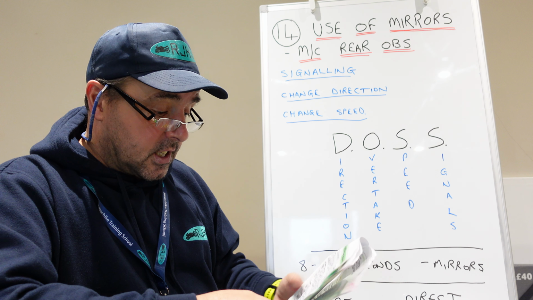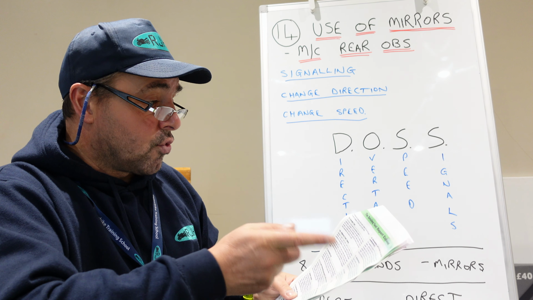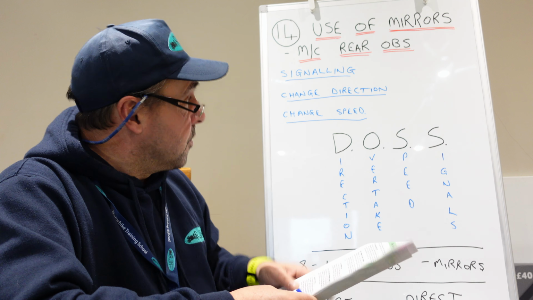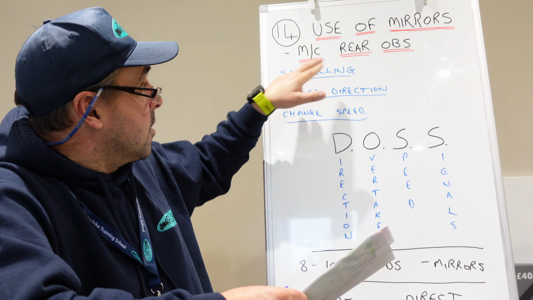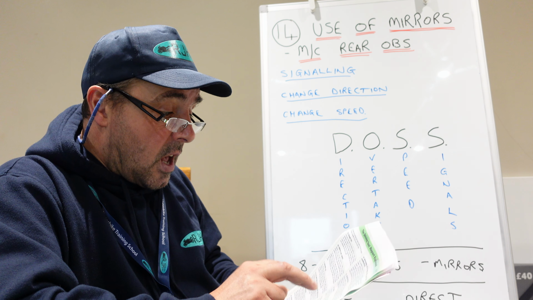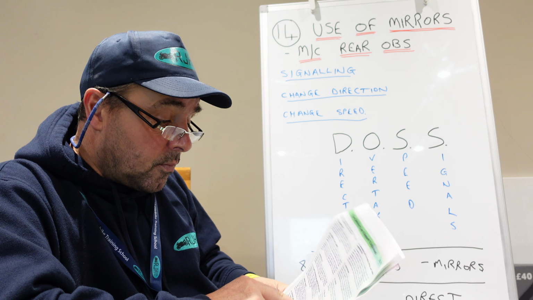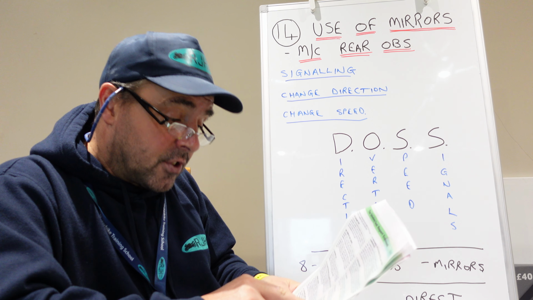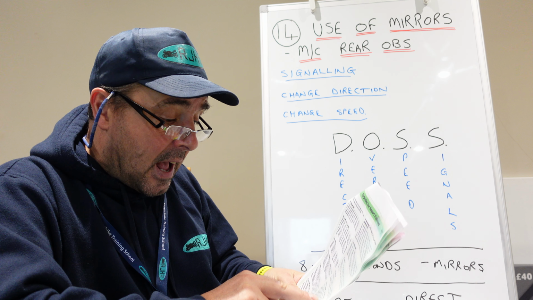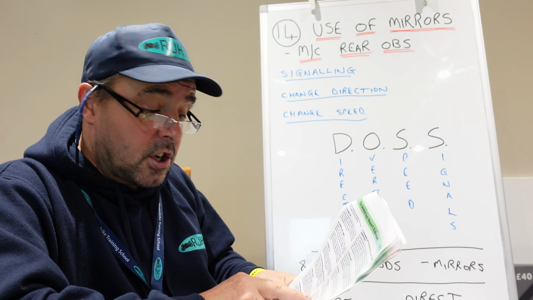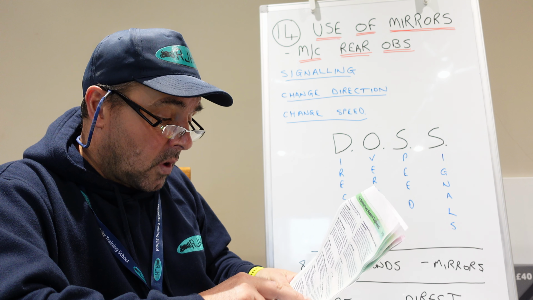Now, on the riding test report, the description for number 14, use of mirrors, motorcycle rear observations, is that you should have used the mirrors safely and effectively, acting correctly on what you saw.